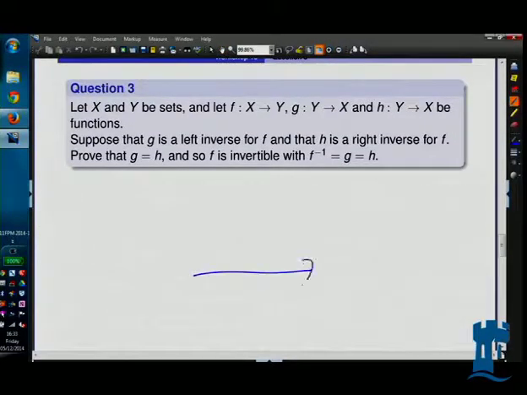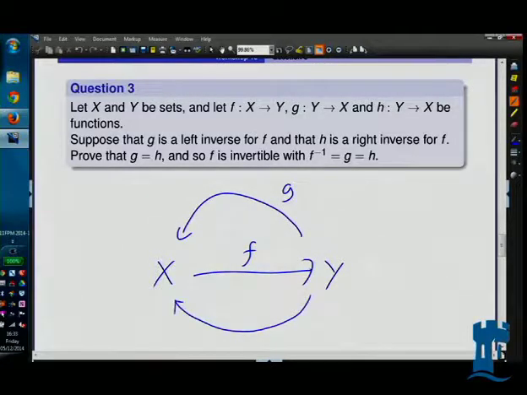So going from x to y, you've got f, and you've got two functions coming back, a g and an h. Now, g is a left inverse for f, so g composed with f.